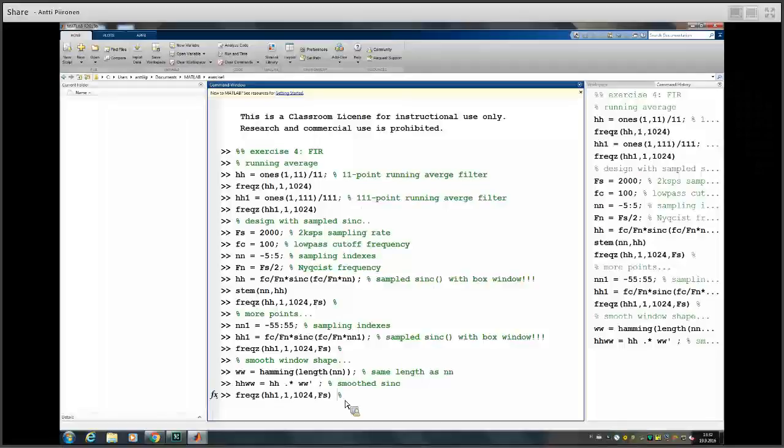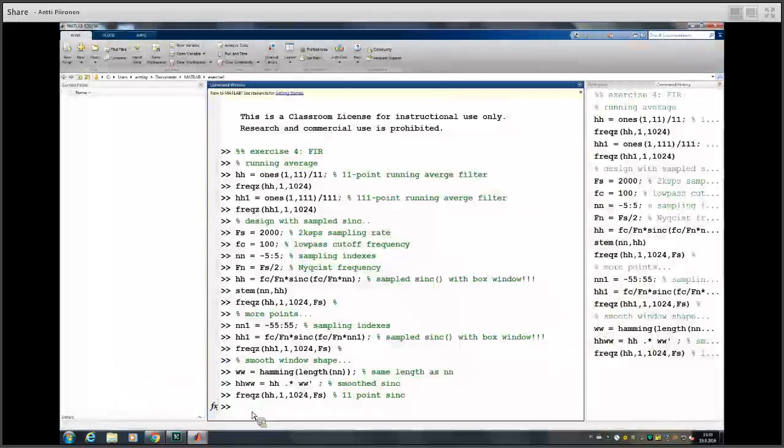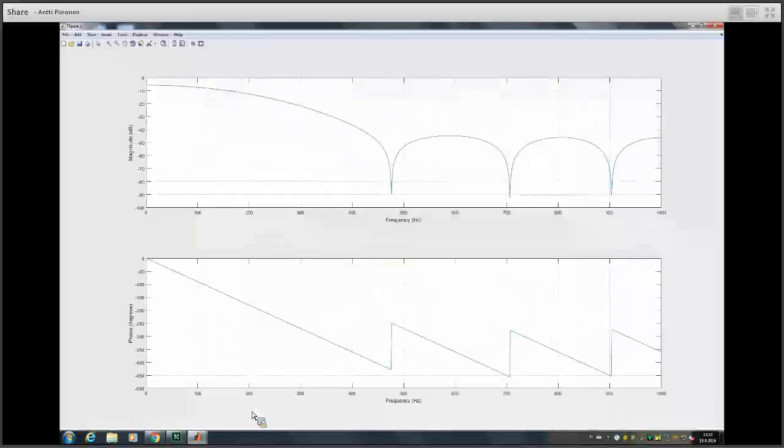And the frequency response of this one would be, well, we started with this original, the 111-point sink. Okay, we started with this one. Good. And now I will just show the frequency response of this new smoothed window sink. Okay, what happened?